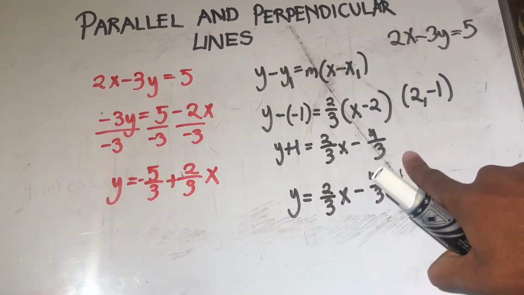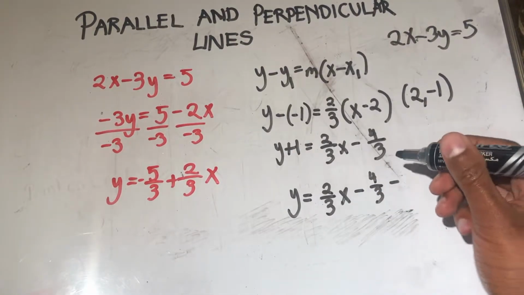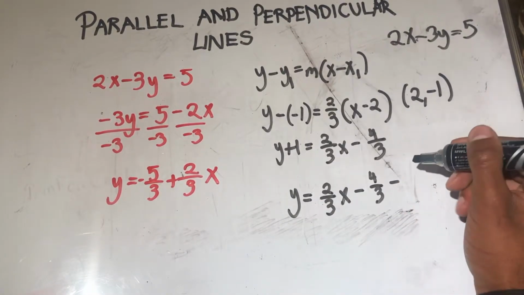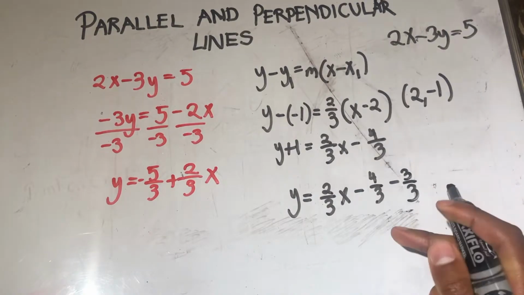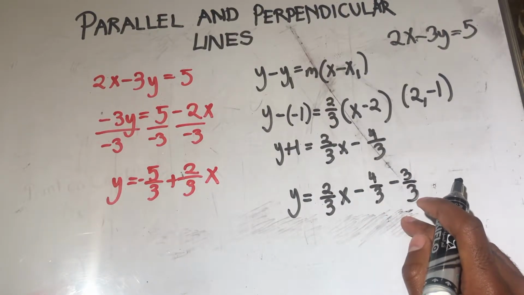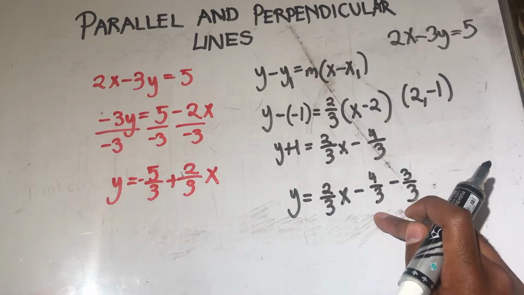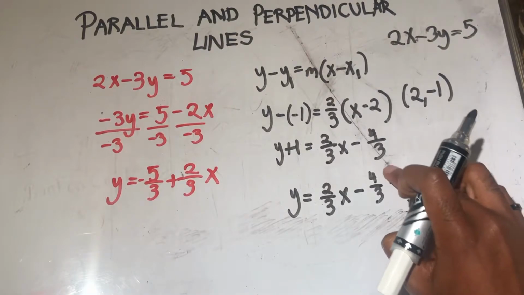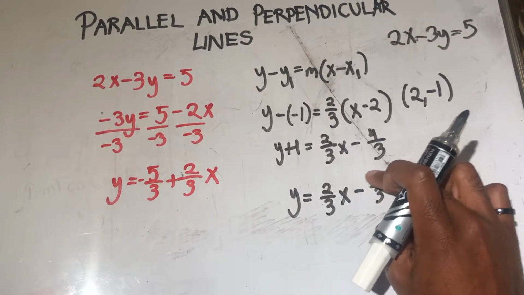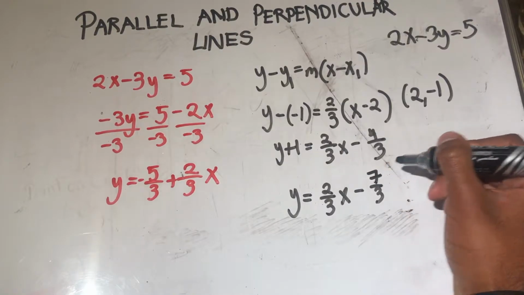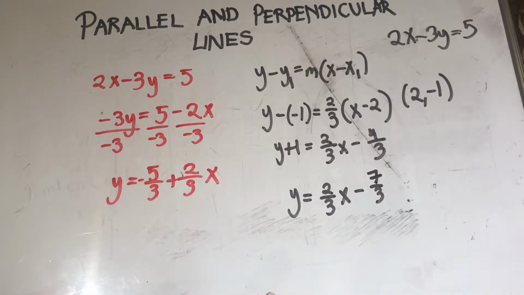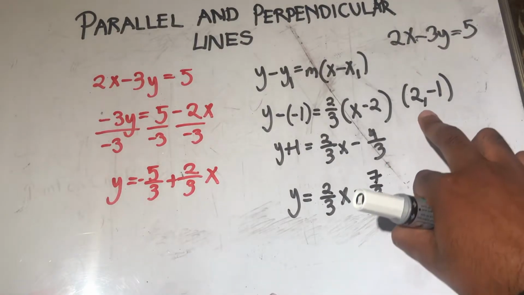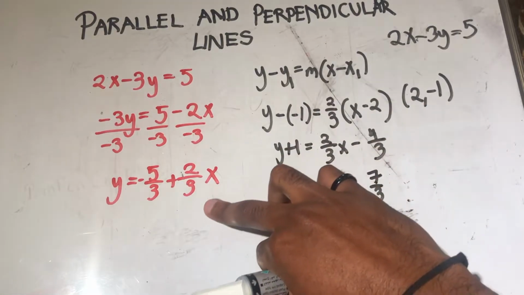Minus 1 is just simply minus 3/3. And if you combine those terms, we're going to get negative 7/3, because minus 4/3 minus 3/3 is going to give us negative 7/3. And this equation is written in slope-intercept form through this point with the same slope.